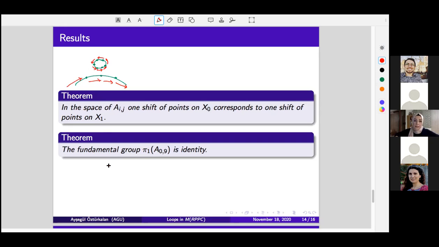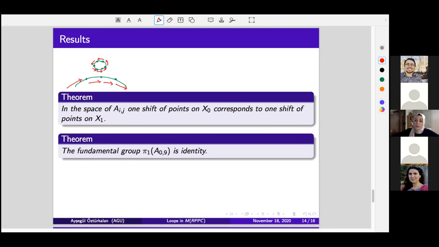On the other hand, the fundamental group of A09 is the identity. What does it mean? If you have 9 points only on this component, you cannot move these points with one shift.